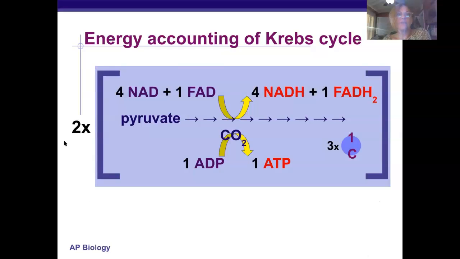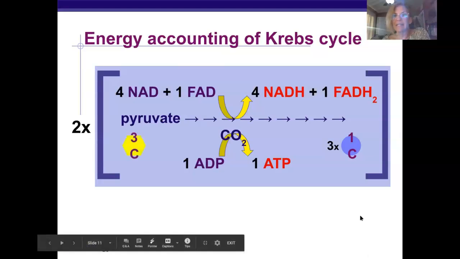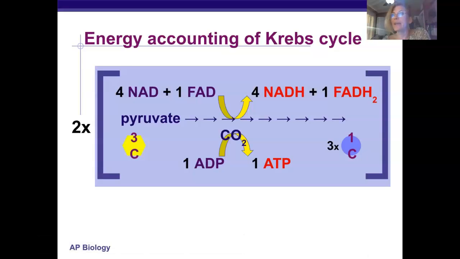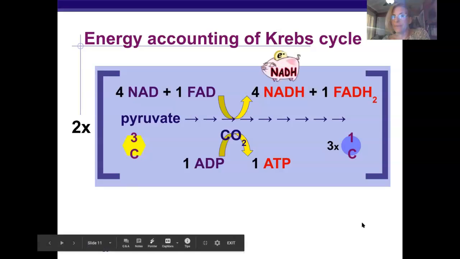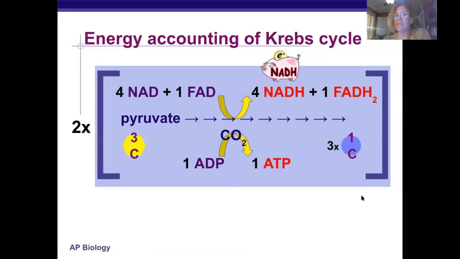So at this point, we've taken our 2 pyruvates from glycolysis, and we have converted them into carbon dioxide, 4 NADHs, and 1 FADH2 per pyruvate. So that's going to be 8 NADHs and 2 FADH2s.